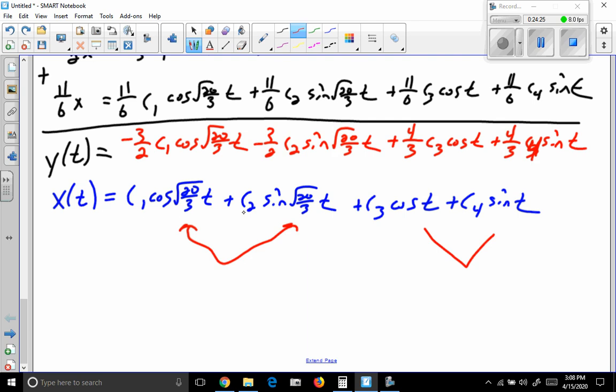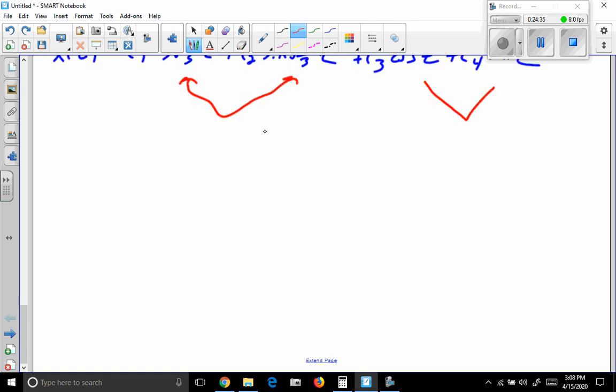Could be that C1 and C2 are both 0, so our natural frequency might only be determined by this. But what may end up happening is we may end up having an oscillation that goes back and forth, but we have some intermediate oscillation in with it.